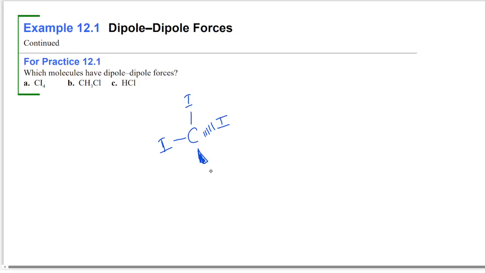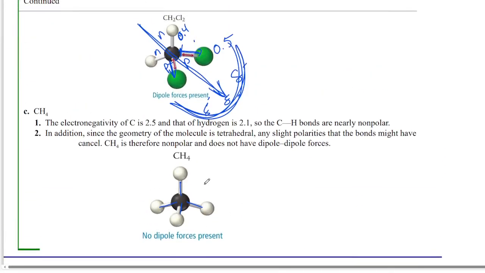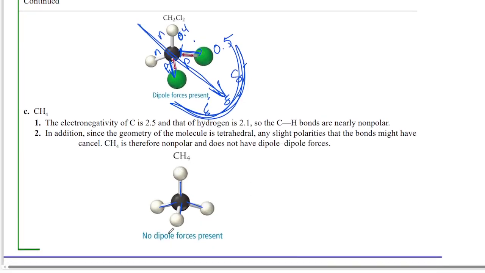And the other on a wedge that would be coming out of the board. So this is a tetrahedral molecule, okay? So it looks similar to methane or methylene chloride, where each of these hydrogens instead would be an iodine.